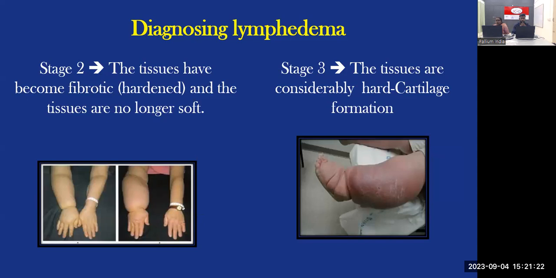And if you are not giving proper attention in the second stage, then it goes to the third stage. At that time the tissues are considerably hard and cartilage formation will be there. More creases will be there. Because of the creases, there is a chance of dirt accumulating in between the creases, and then the patients can develop infections like cellulitis. All those things will develop.